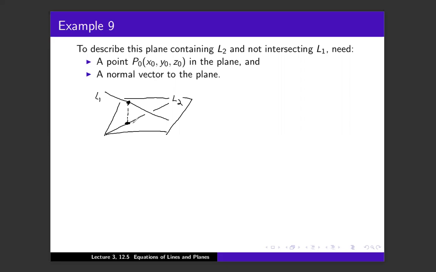and we need a normal vector for that plane. So here's the normal vector that we're eventually going to use. A point on the plane can be done by just finding a point on L2, since L2 is on the plane.